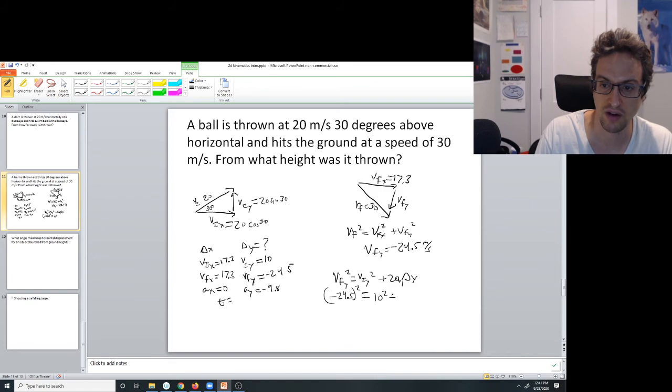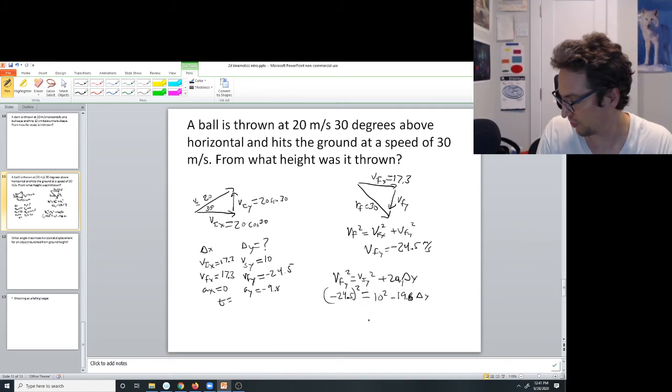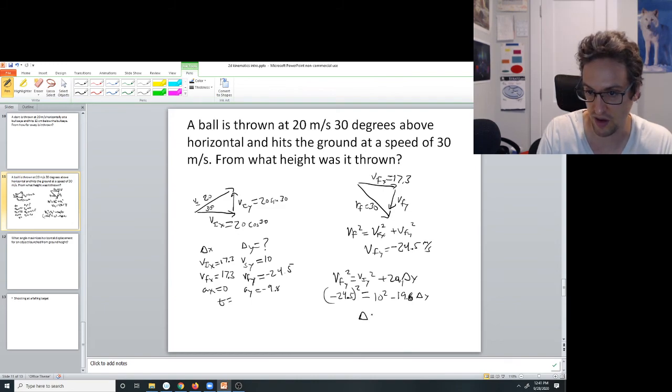Equals 10 squared plus, which that should really be minus at this point, because we have acceleration is negative. So minus 19.6 times change in y. This is a pretty straightforward problem. We can solve for change in y is equal to negative 25.5 meters.